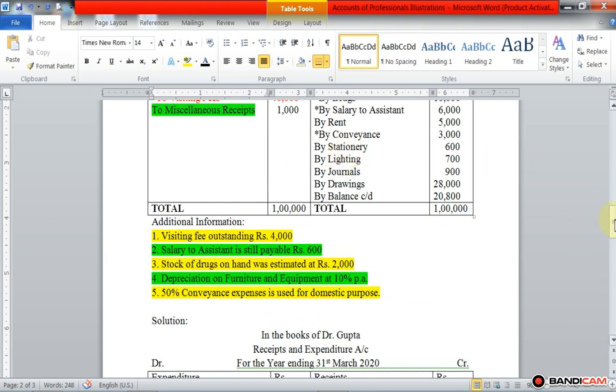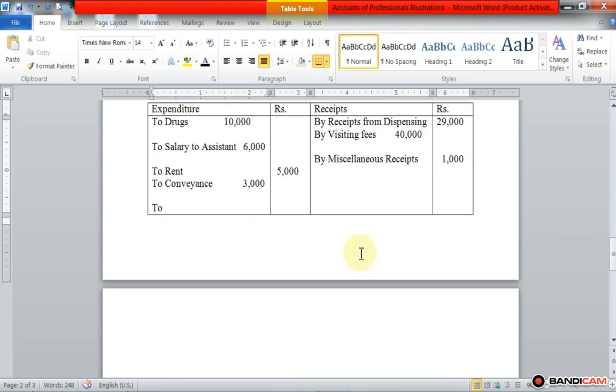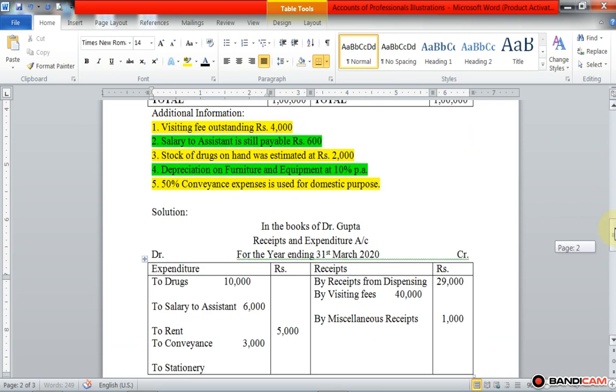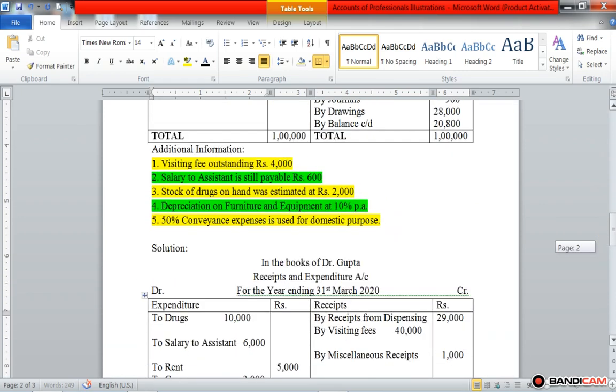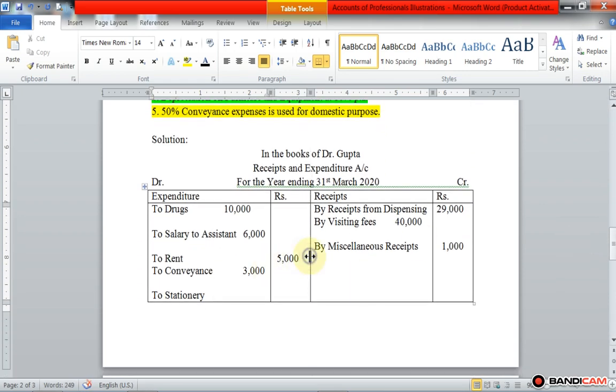Then stationery is also expenditure relating to the profession, amounted to rupees 600, directly to the outer column because additional information is not given.